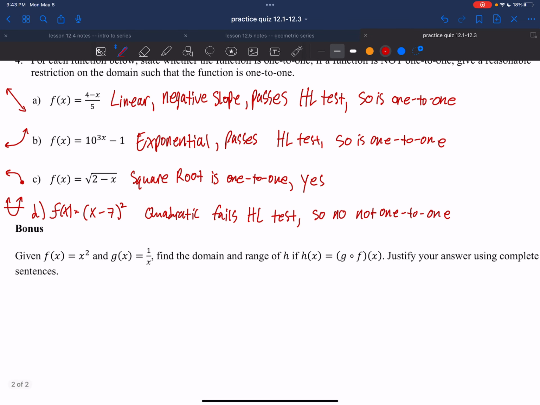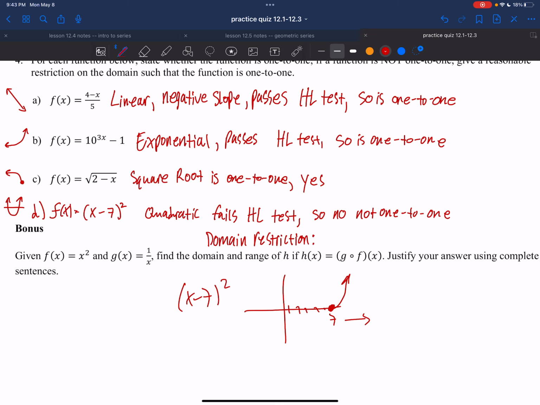And the reason I needed to do this is because it asks to give a domain restriction. Well, if you look at x minus 7 squared, that's a shift right 7. So it looks like this, somewhere here, upwards like this. You need only one of those legs. So I might erase that leg. And so I'll say my domain restriction is from that 7 onward to the right.